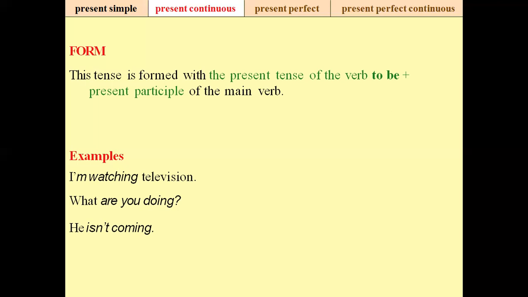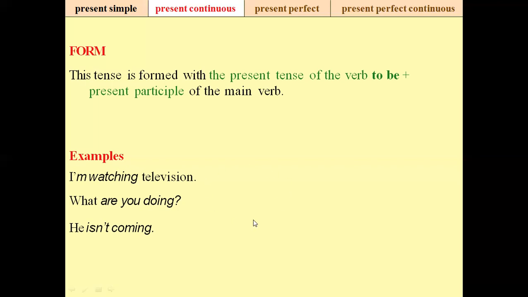So here you use am, is, are plus the present participle of the verb, or the gerund of that verb. See the examples of the present continuous tense. I am watching television. What are you doing? He is not coming. These are examples of the continuous present tense.